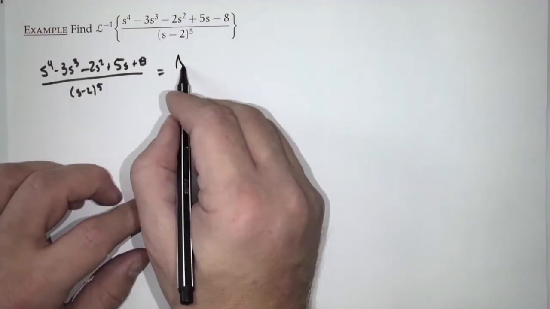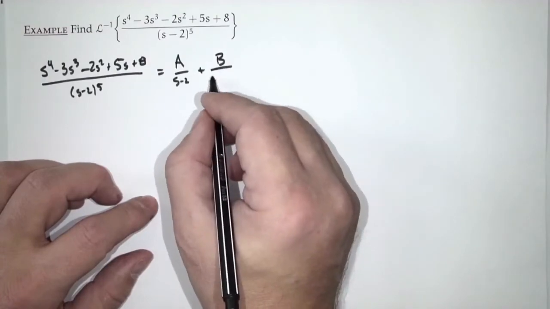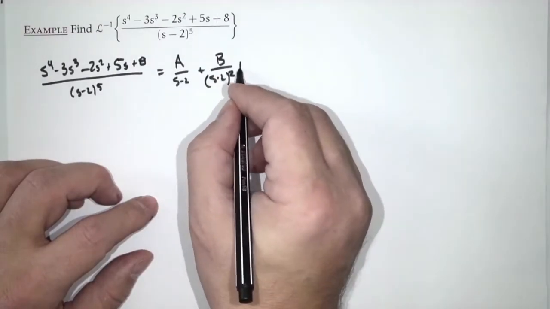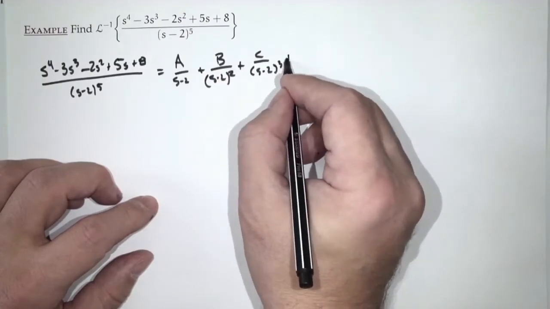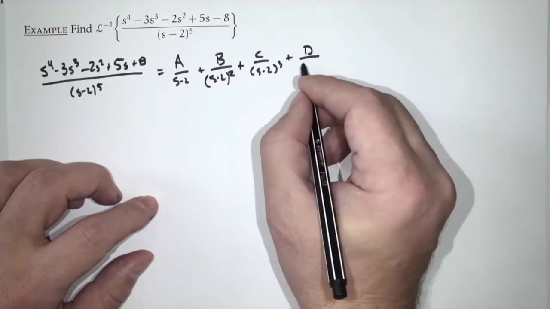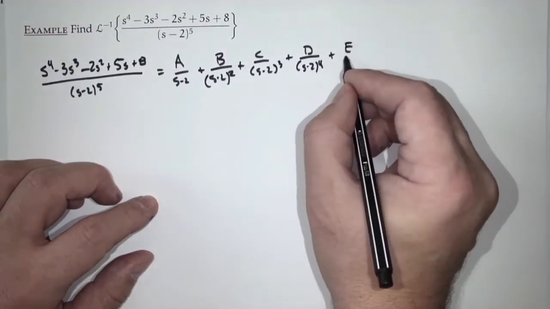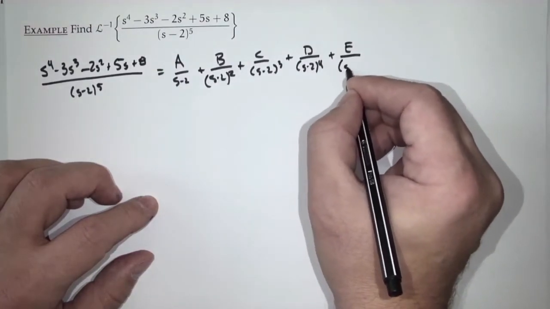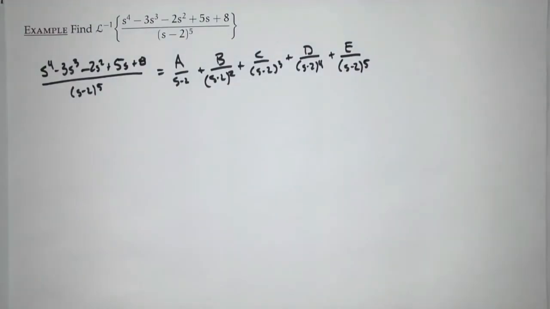A over s minus 2, plus b over s minus 2 squared, c over s minus 2 cubed, d over s minus 2 to the 4th, e over s minus 2 to the 5th, and we can stop. All right, good. Now what?